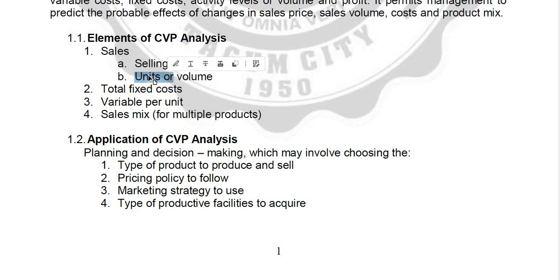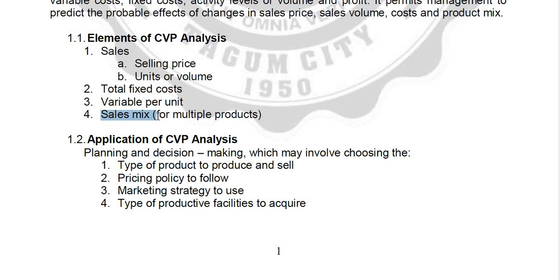So it's referring to the quantity of the products that you're able to sell. Then you'll have your total fixed cost. And then you have variable cost per unit. So magkano ba yung variable cost per unit? So per unit siya, since it would depend on the level of sales volume, or kung magkano yung nabenta mo.